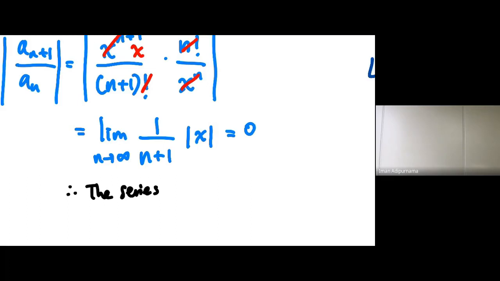Why is it called the radius? Radius is like a circle, right? You have a circle, you have a radius here, right? Now, what does it mean to be convergent? Maybe in some interval, it's convergent from half to 2.